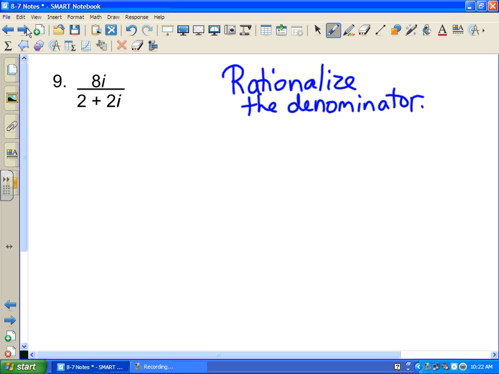So when you rationalize with complex numbers, your answer will be written so that there's no i in the denominator. The way you're going to do that is just like radicals: you multiply by the conjugate. The conjugate of 2 plus 2i is 2 minus 2i.